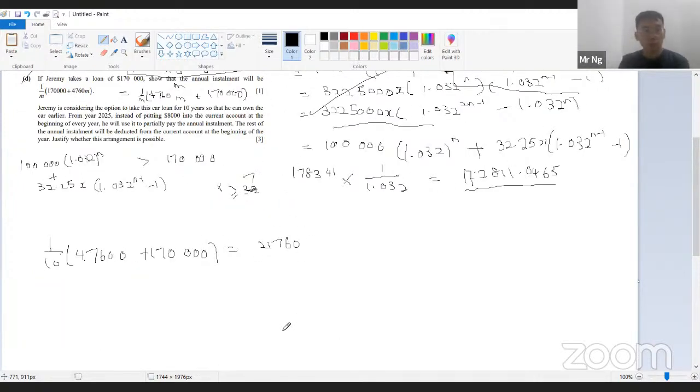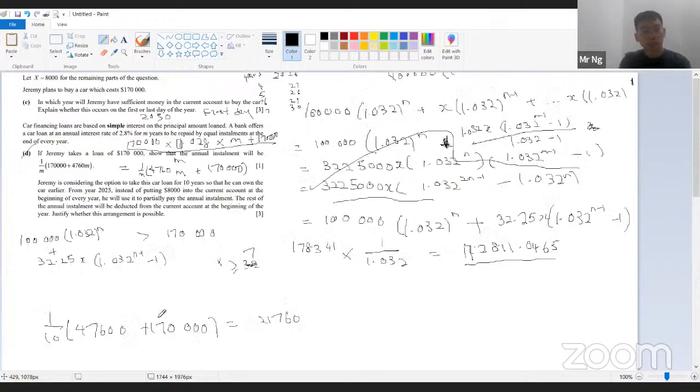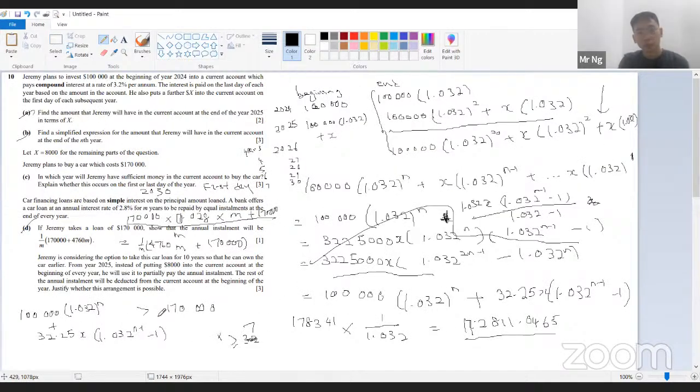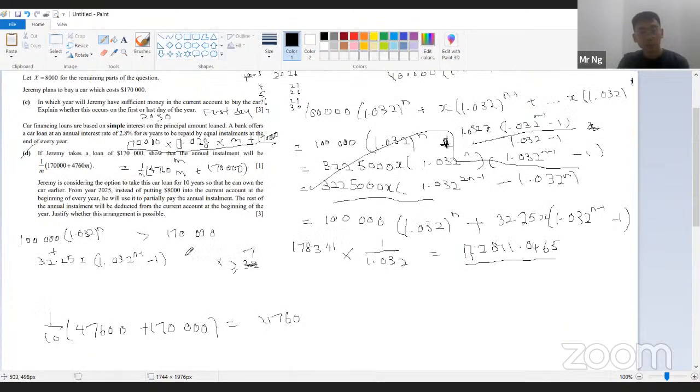Okay, so at the end, from 2025, he never even put the amount inside it, the 8,000 inside. So that means it will just be based on this.